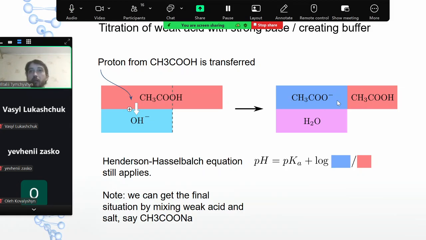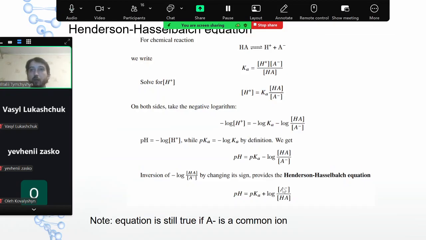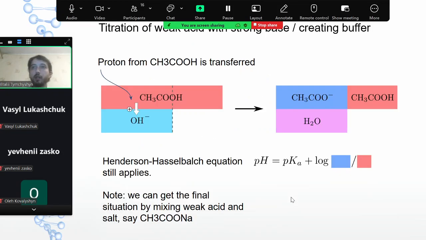And here is the dissociated part that was created due to the action of the base. The base just took protons, and we know how much of this we have. If we divide that, you see the anion divided by the undissociated part. So we have these numbers, we can divide them, calculate this logarithm, and calculate the pH.